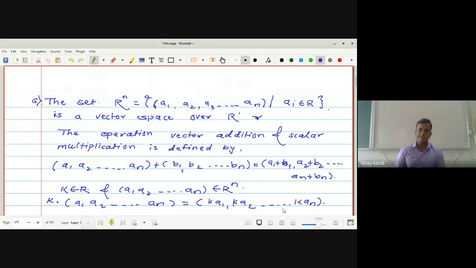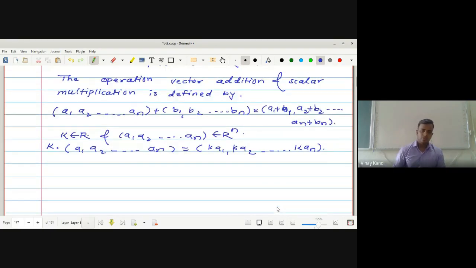This forms a vector space. So if you define the two operations like this, the vector addition and the scalar multiplication, then Rn over R is a vector space. Any doubt up to here? No, sir. Okay.